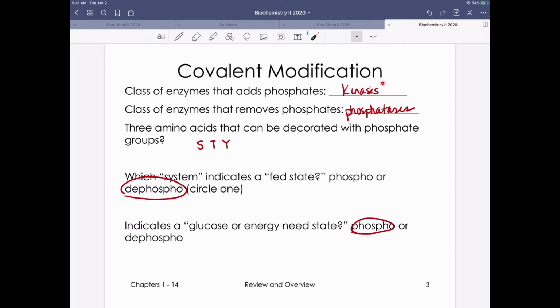So again, knowing that kinases add phosphates, phosphatases remove them. Here are the 3 amino acids that we either add or remove phosphates from. Knowing that a fed state is really a dephospho system, and then a glucose or energy need state is a phospho system. So kind of some basic things to think about covalent modification for enzyme regulation.